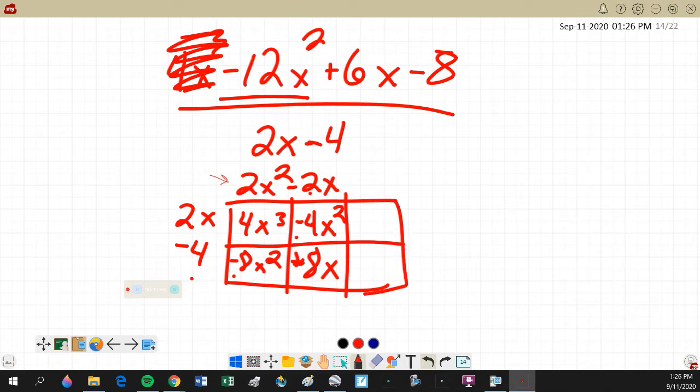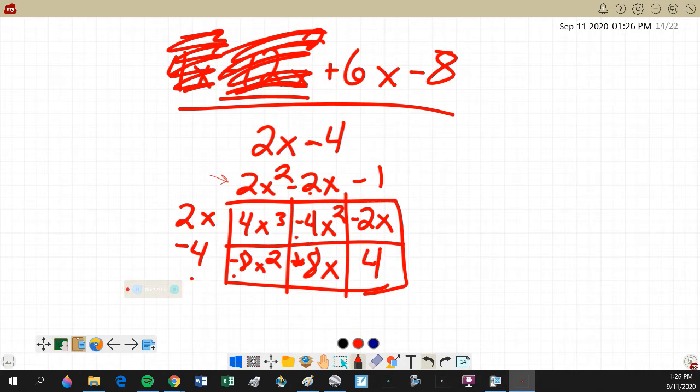So, I'm done with that. I have 8. I need 6. Subtract 2. Pull out a 2x. Negative 1 times negative 4 is 4. Did this go in evenly?